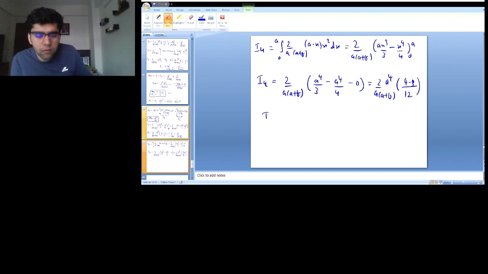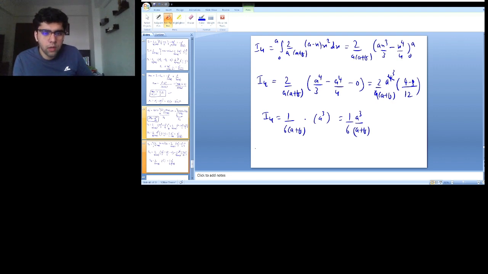So this gives me I4 as 1 upon 6 (a plus b). This goes away, this gives me power 3. So this gives me ultimately a cube here. So this is 1 upon 6 a cube upon a plus b.